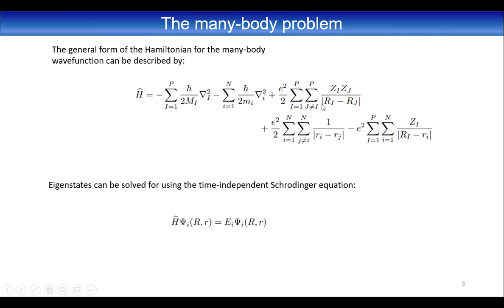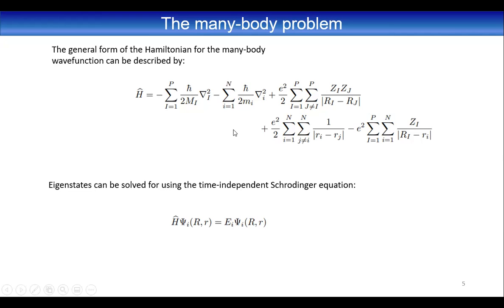Then you have Coulombic terms for all the nuclei and all the electrons, and Coulombic terms between the nuclei and electrons. Then you could apply this Hamiltonian to the wave function, which corresponds to the probability distribution of finding a particular nucleus and electron at certain states, and solve for the energy.